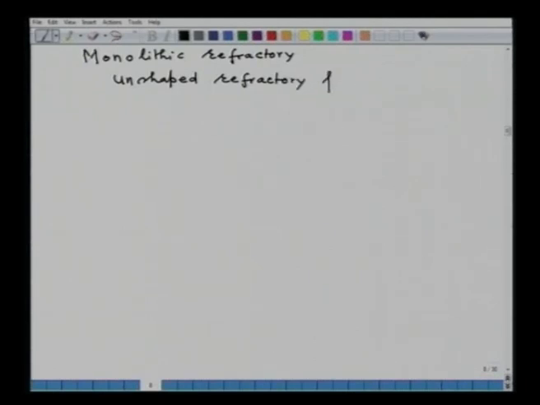Now, in recent years, the concept of monolithic refractory has also been advanced and used. Monolithic refractory is the name generally given to unshaped refractory products.